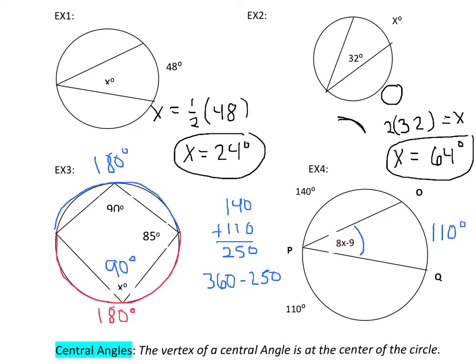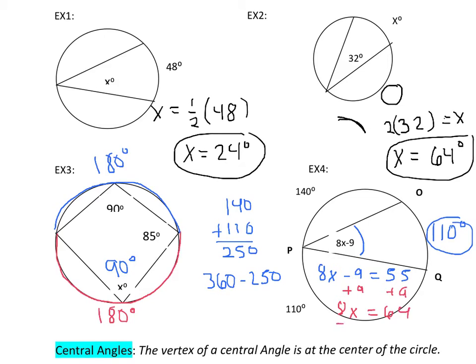Now we know this is the inscribed angle, and this angle equals half the measure of this arc. So we have 8x minus 9 equals half of 110, and half of 110 is 55. We're solving for x, so we add 9 to both sides, and we get 8x equals 64.